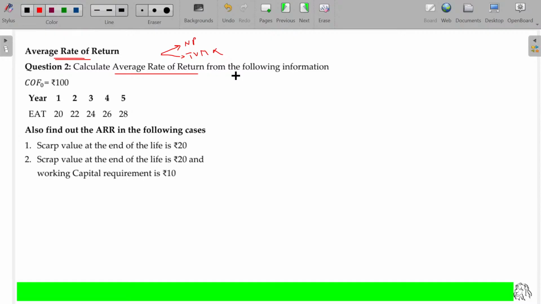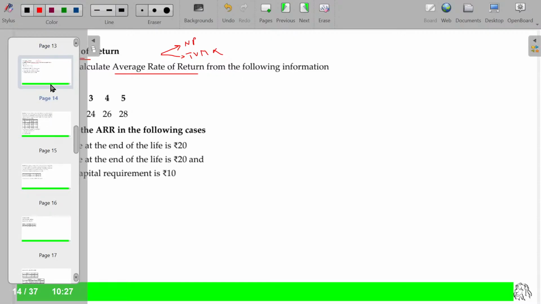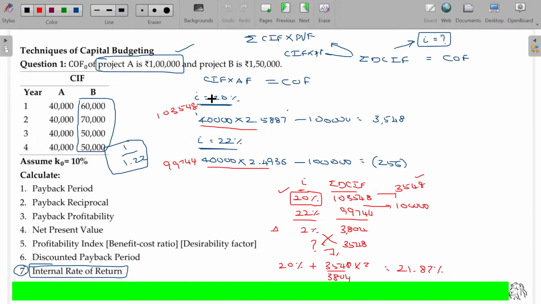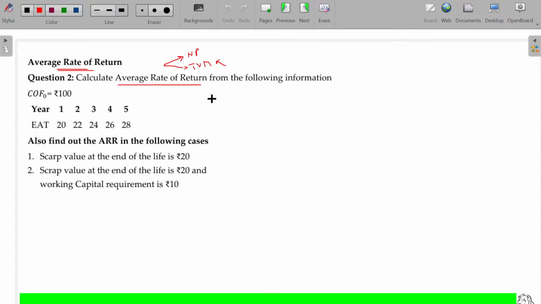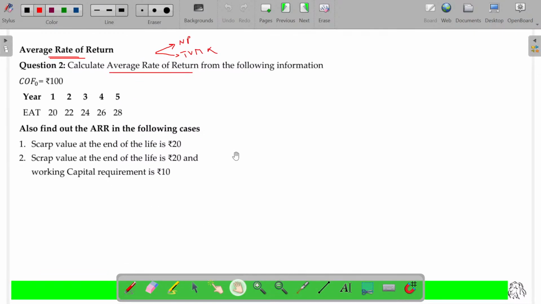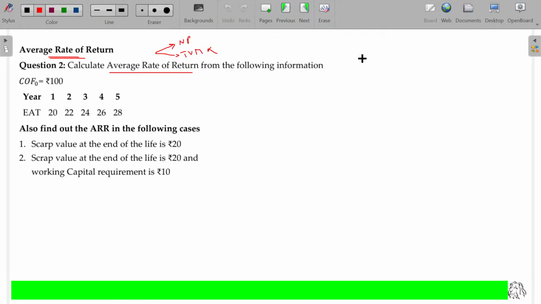Now, see here. ARR is equal to average PAT.